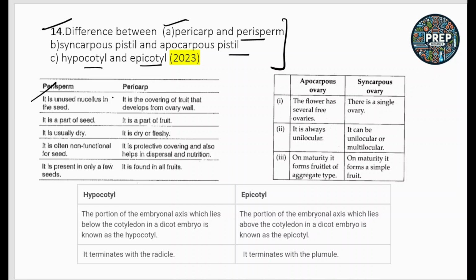Perisperm is the layer of unused nucellus in the seed. This is the seed covering, and pericarp is the fruit covering. Apocarpous flowers have several free ovaries, and syncarpous ovaries are in the fused condition.